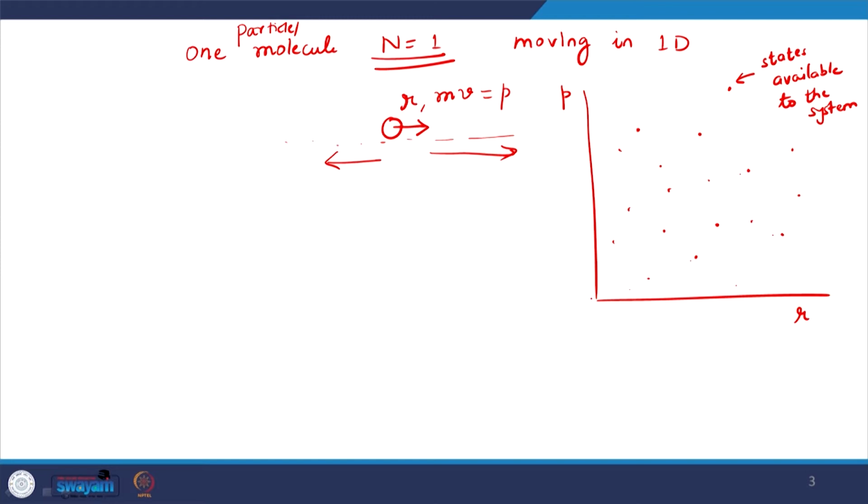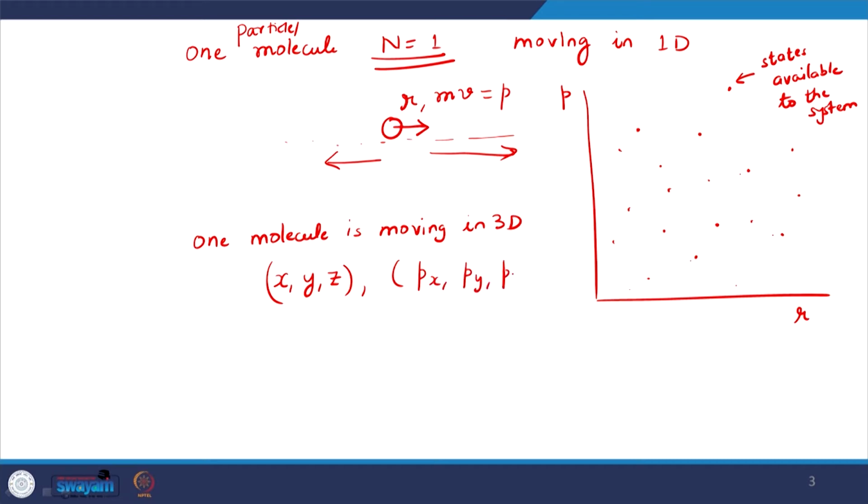Now, let us imagine that this molecule is moving in 3D. Now, we will have 3 variables characterizing the position of the particle and 3 variables characterizing the momentum of the particle.